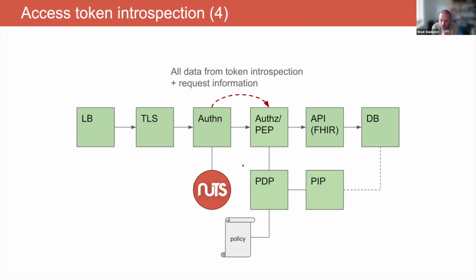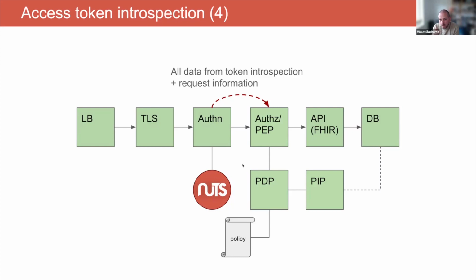So the access token is introspected at the nuts node, and then you will get a lot of values back that you can use in the next step. And the next step is the authorization part, which is a very basic authorization scheme.